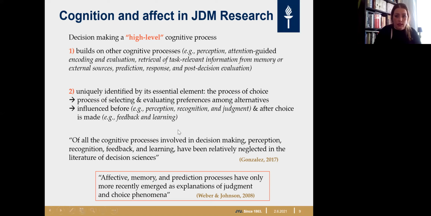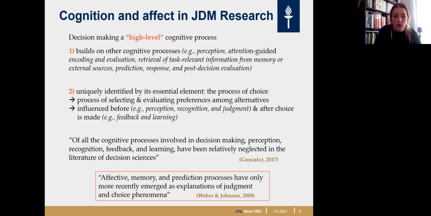Here are two citations from 2017 and 2008 that refer to the sort of recent advancement in JDM research and what we are lacking. In terms of what Gonzalez has stated, there are many cognitive processes in decision making that have not been studied extensively until now: perception, recognition, feedback, and learning.